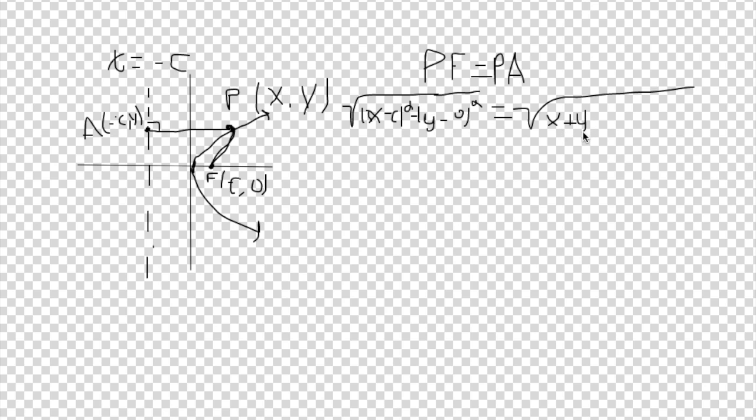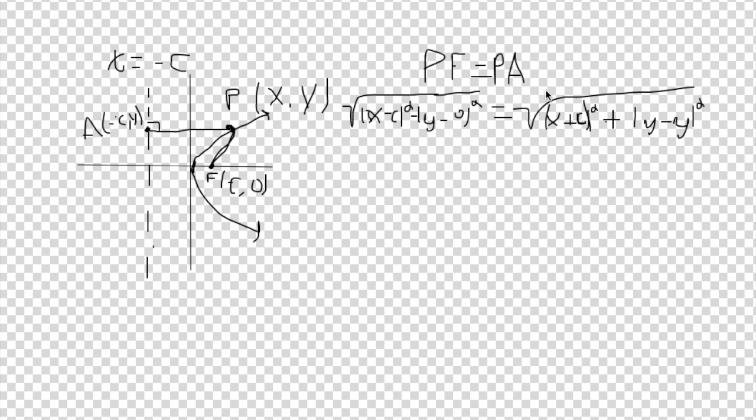I hope you can understand that. Squared plus y minus y squared. I'll redraw it for you just because I don't want you making a mistake there. So that's x plus c squared plus y minus y squared.